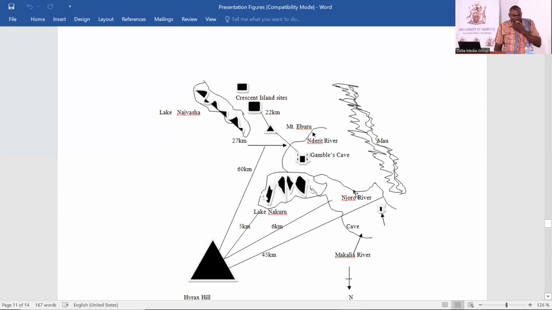Site catchment analysis, this concept, was brought forward by one eminent archaeologist by the name Claudio Vita-Finzi, in the year 1970, I'm sorry.